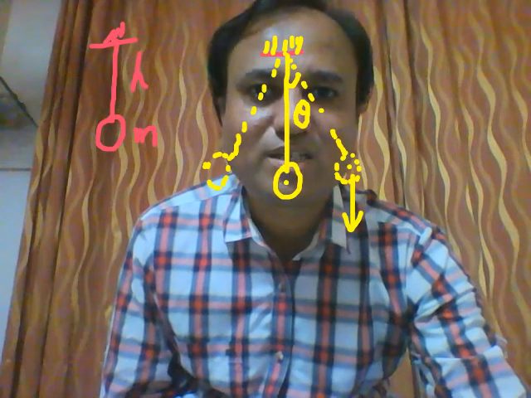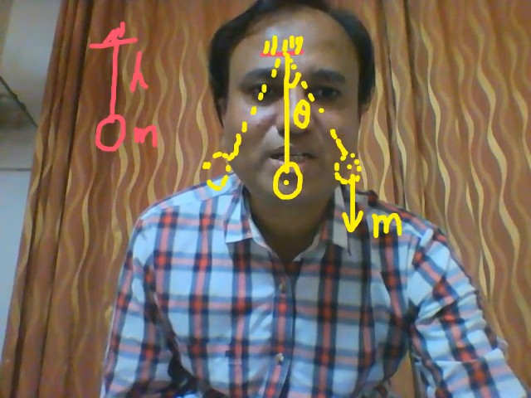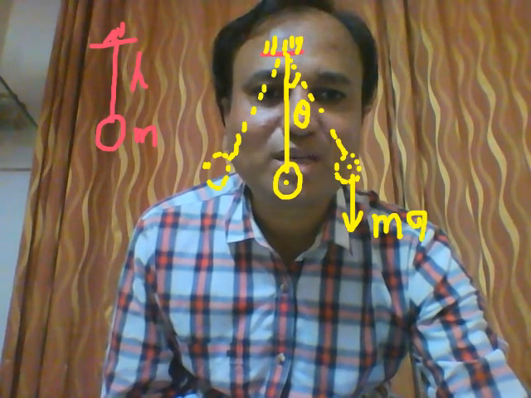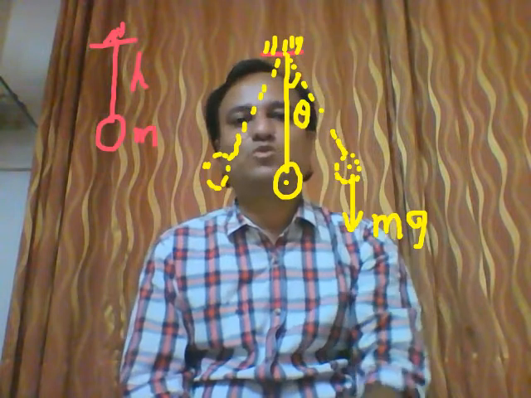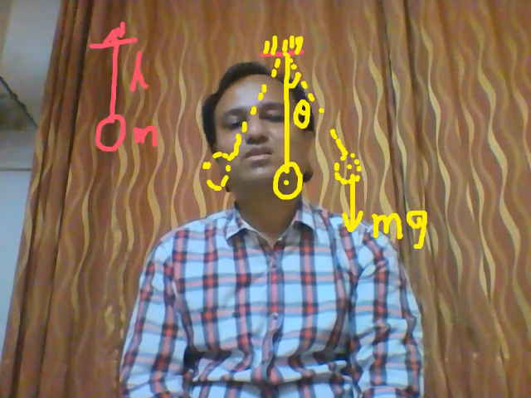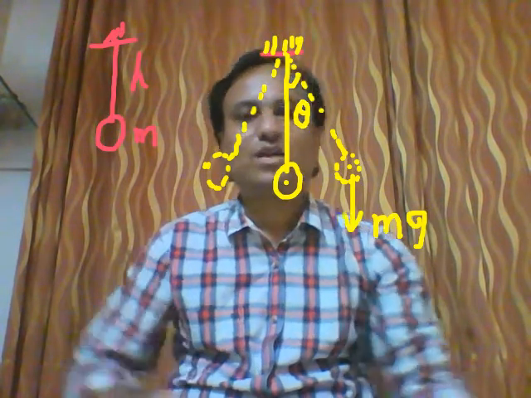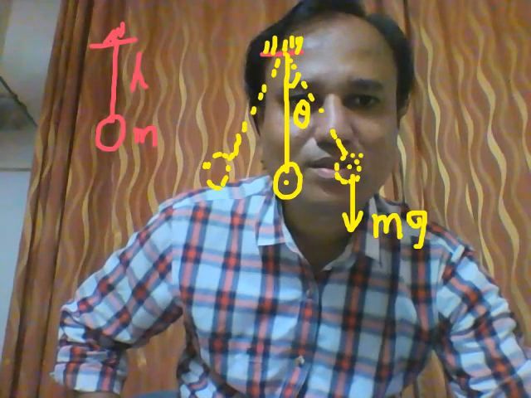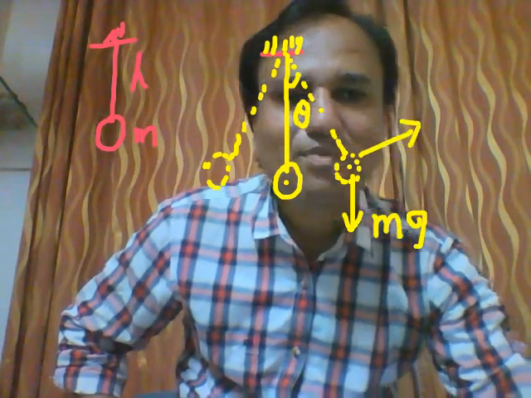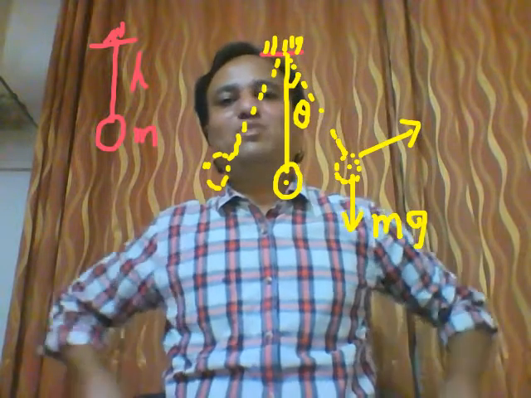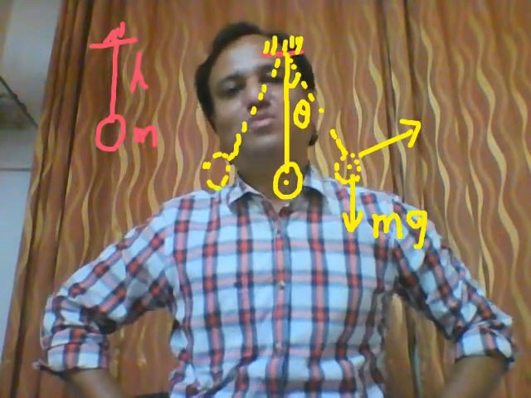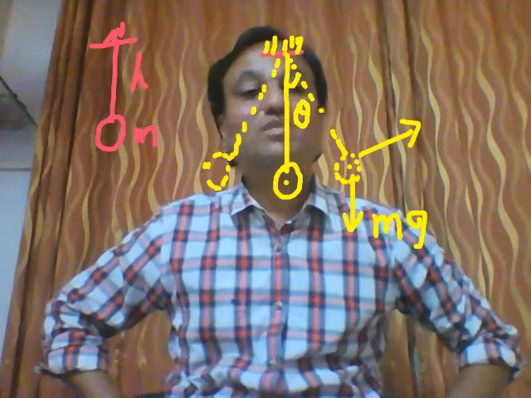At a displaced position you must do the force analysis. Just draw the FBD: mg is the downward force. Now find the driving force responsible for the displacement of the bob.